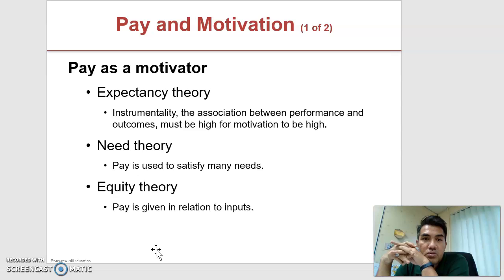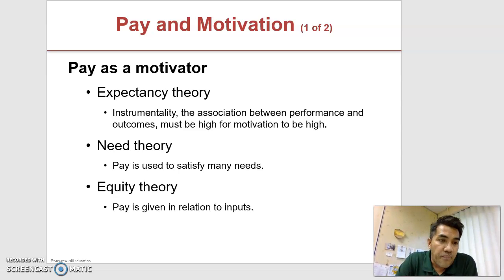And so pay as a motivator, we can include this under the equity theory, under the need theory, as well as under expectancy theory, because usually when we perform, when we put in a certain level of input, we expect that yes, there would be a certain level of output that would be rewarded based on our performance. And even under the need theory, we can use pay as a motivator in order to satisfy many levels of needs, as well as under the equity theory.